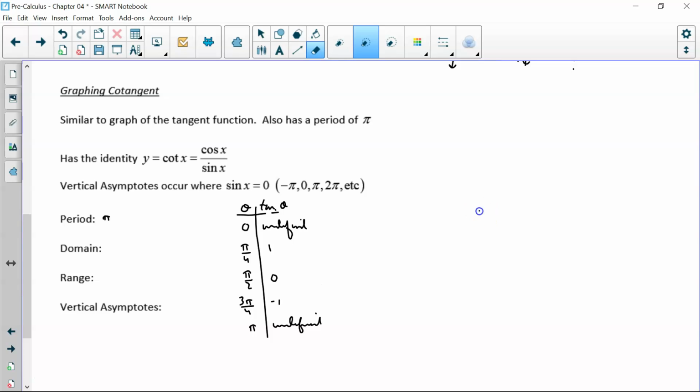So when we sketch this, we have our pi over 4, our pi over 2, our 3 pi over 4, and our pi. So we have an asymptote right here at 0 because it's when it's undefined, and at pi.